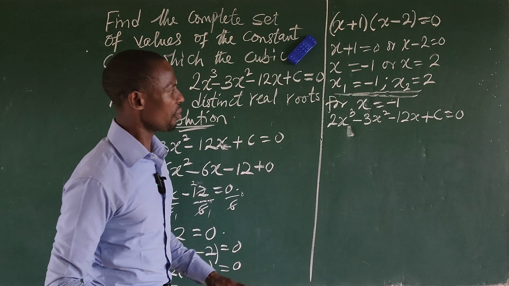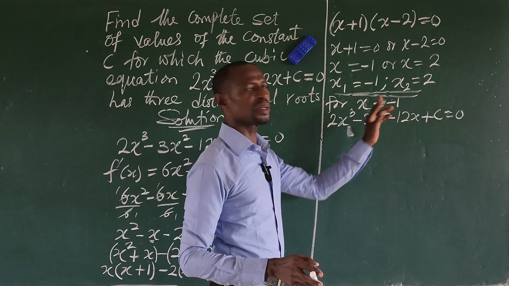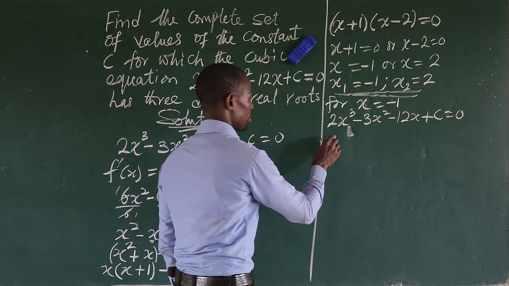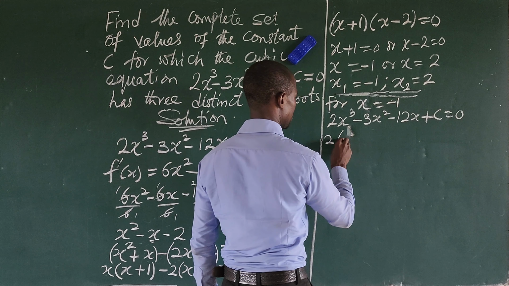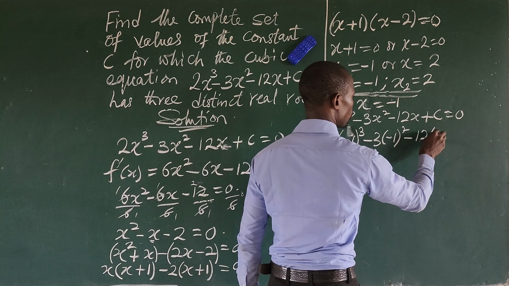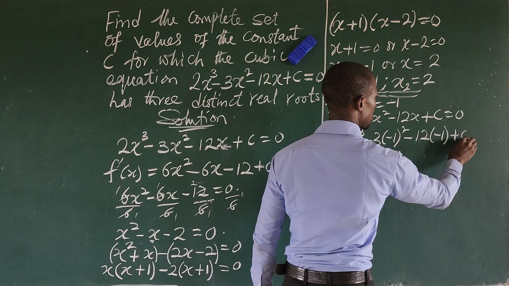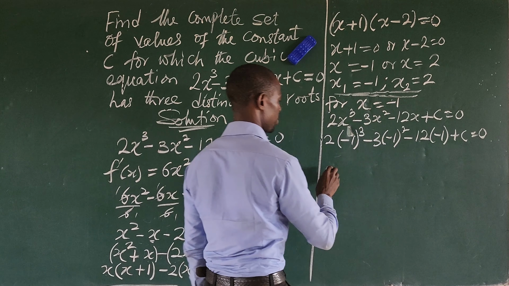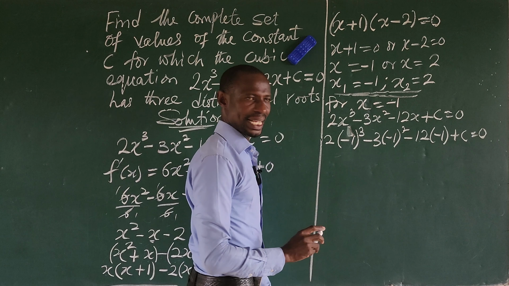So anywhere we see our x, we put in minus 1 there. So this is going to give us 2 bracket minus 1 all to the power of 3, then minus 3 into minus 1 all to the power of 2, minus 12 into minus 1 close bracket plus c equal to 0.